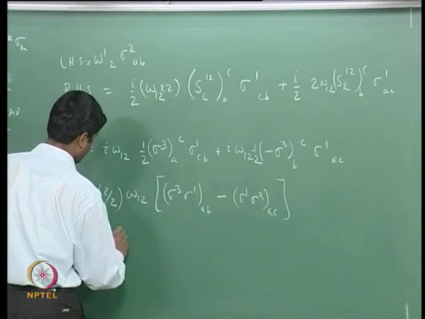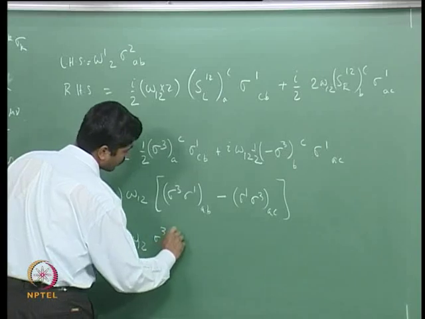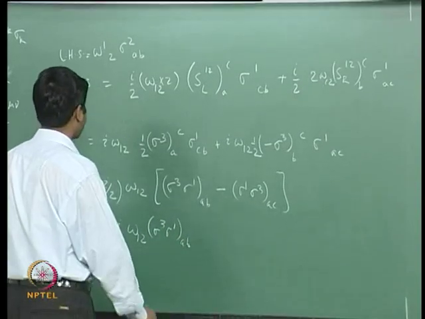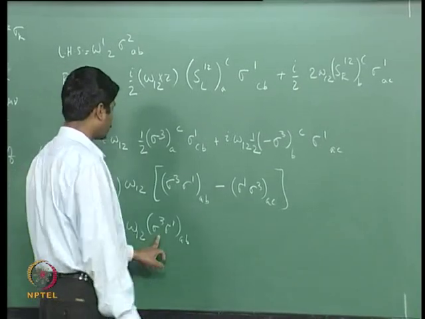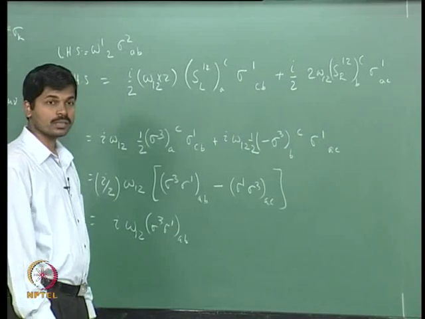So, this is I omega 1 2 sigma 3 sigma 1 of AB, which is nothing but sigma 3 sigma 1 is I times sigma 2, right.